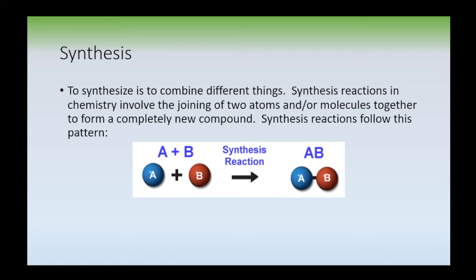Synthesis reactions in chemistry involve the joining of two atoms and/or molecules together to form completely new compounds. The synthesis reaction generally follows this pattern that you can see here, A plus B, arrow, AB. If you have one product, this is a synthesis reaction because it has combined your reactants.